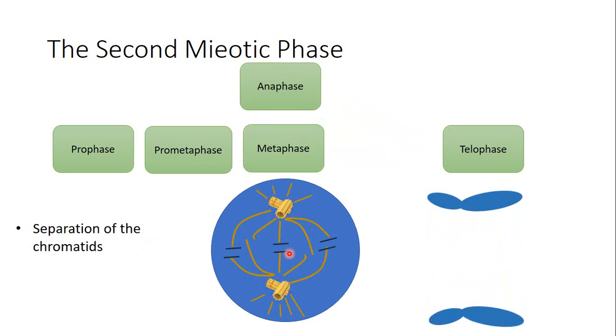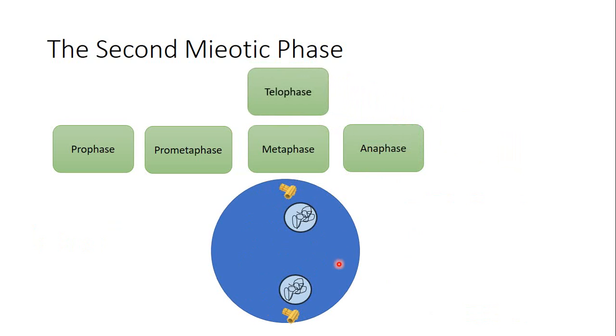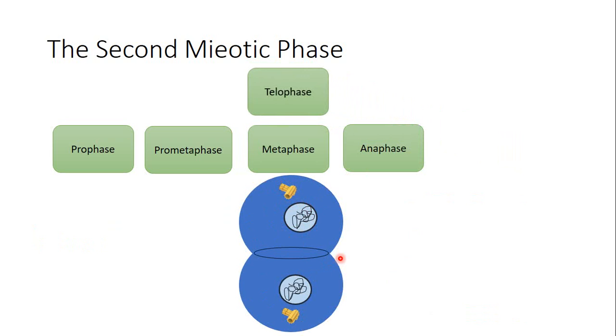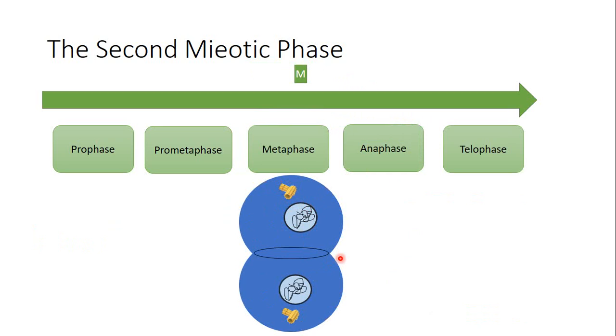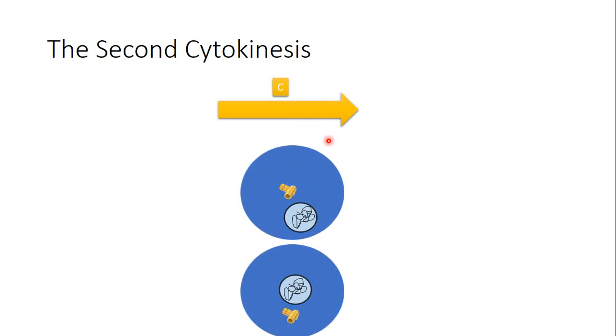And then in the telophase, the nuclear envelope is formed, and then the two cells will be separated from each other in the cytokinesis. The separation of two cells happens in the cytokinesis.